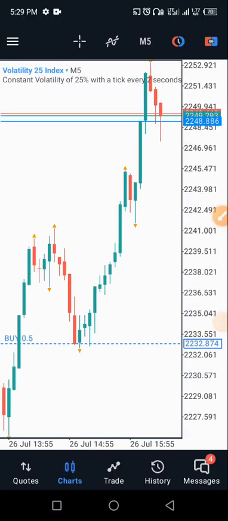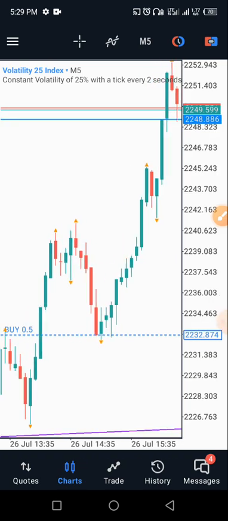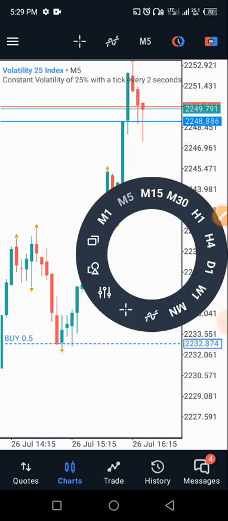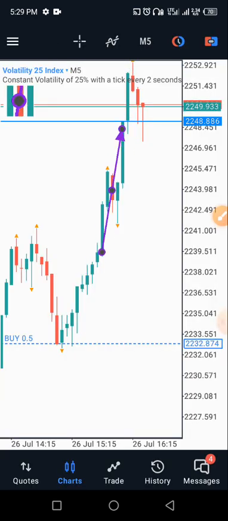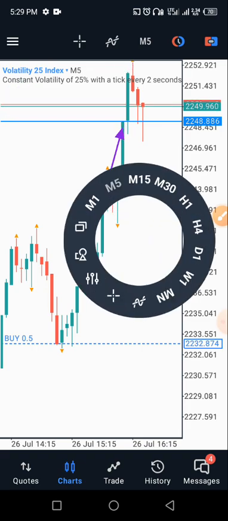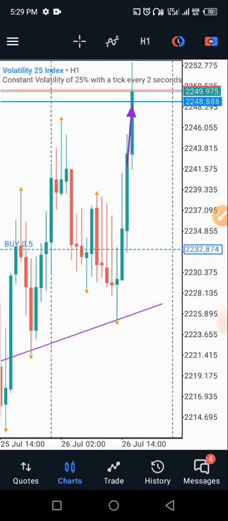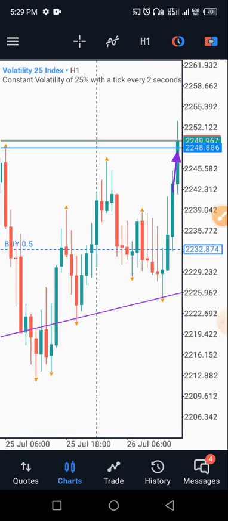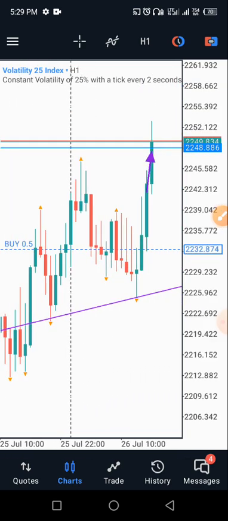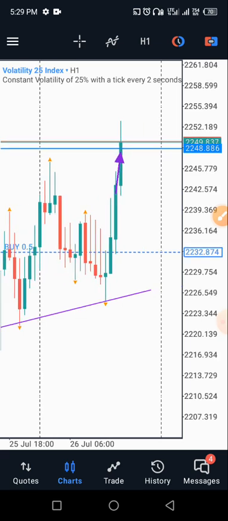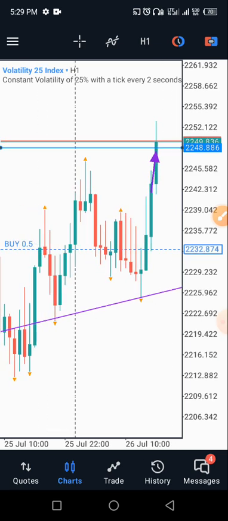Before I show us how to make use of this strategy, I'm just going to close this trade now, because the price has gotten to our take profit level. Okay, so if you see on the 1 hour time frame, you can see that price have smashed out of the level that we've highlighted.